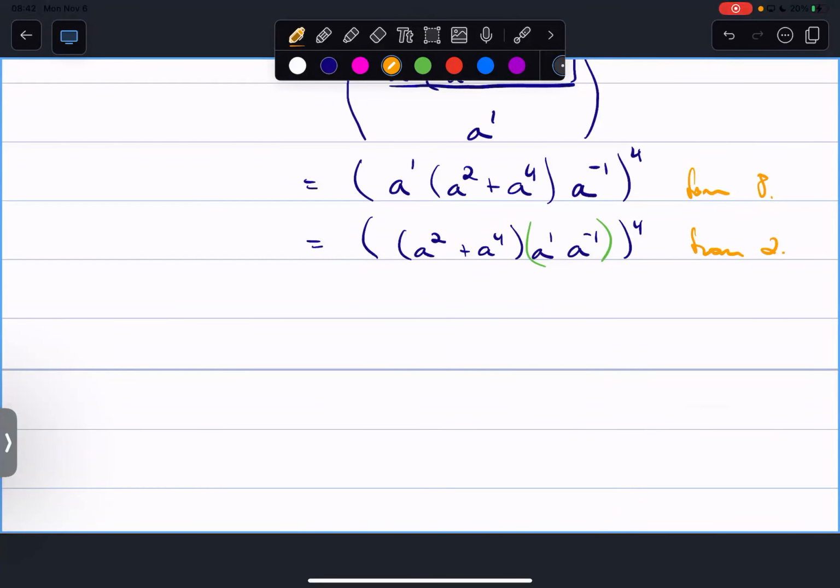So now you can rewrite that as a to the power of 2 plus a to the power of 4 times a to the 1 plus negative 1 to the power of 4. Still from 2. And that's technically how you're canceling and why they cancel, right?